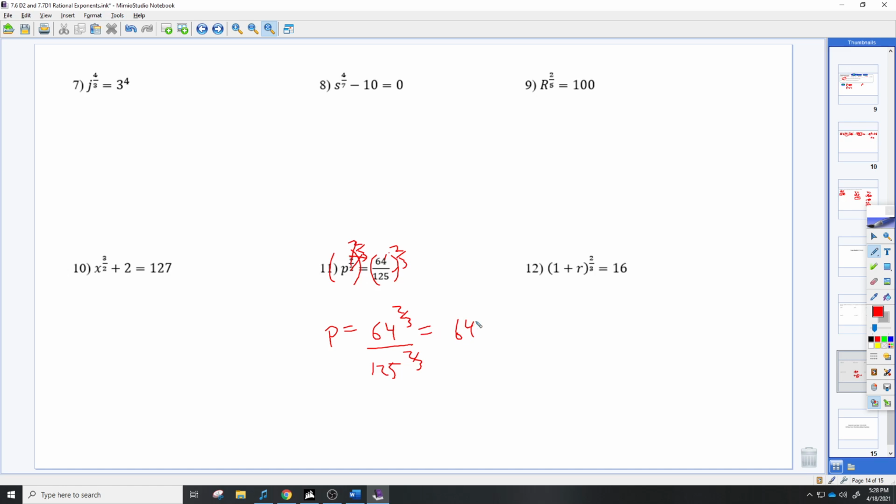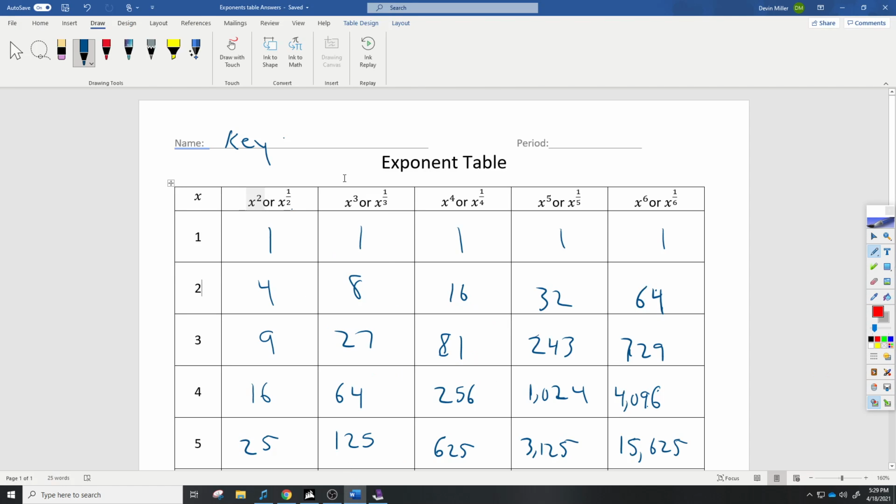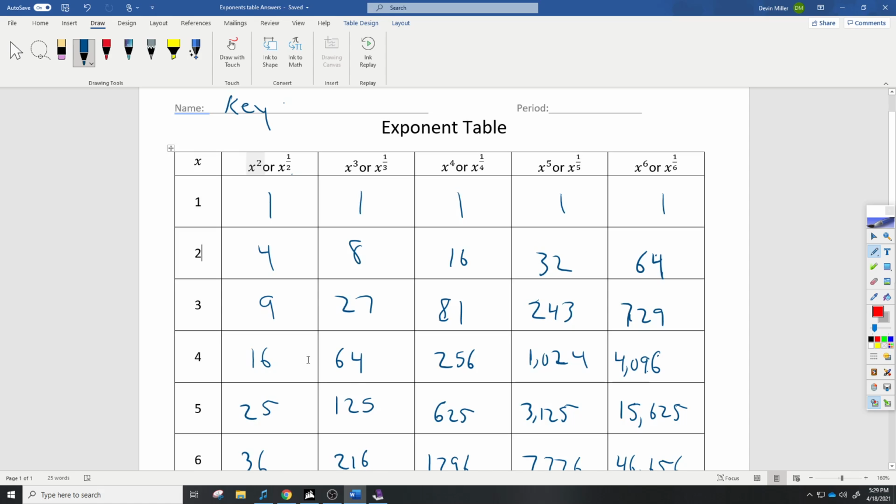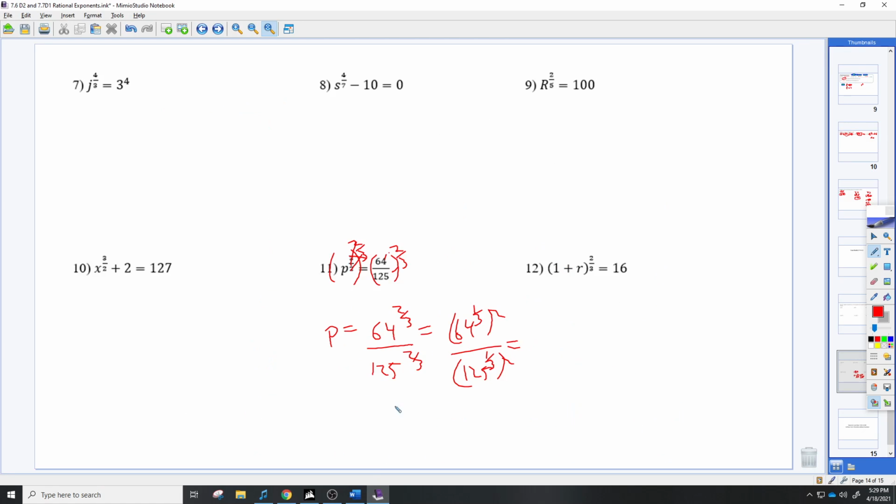So this would be 64 to the 1/3 squared, 125 to the 1/3 squared. And as you get good at this using the chart, you can probably not have to break this apart every time. So 64 to the 1/3, I'm going to do this all in one swoop. We would have 1/3, 64 is 4. And then we're also going to square that.